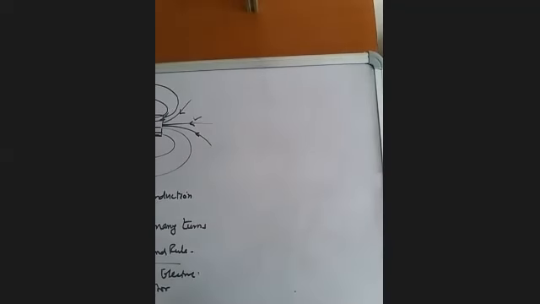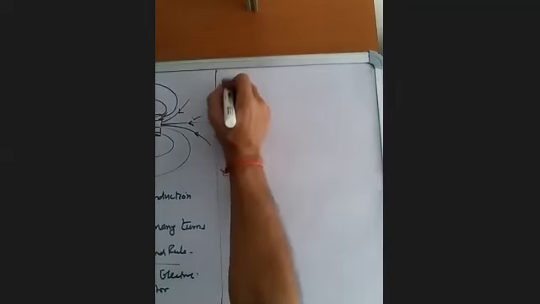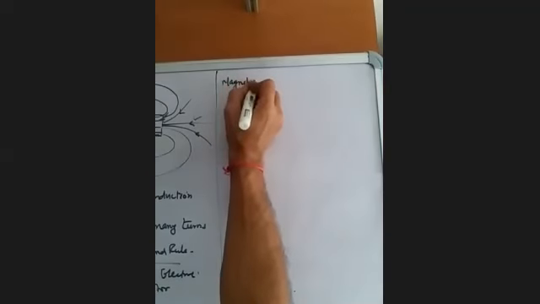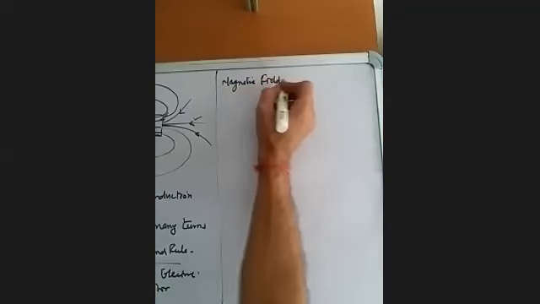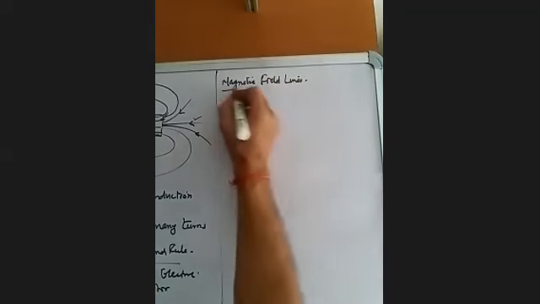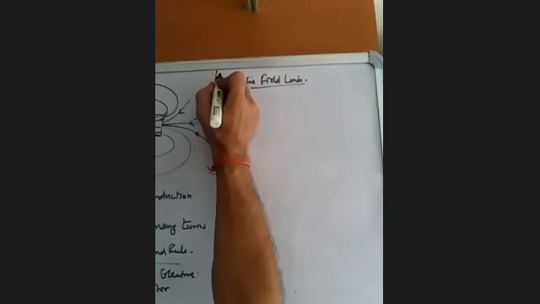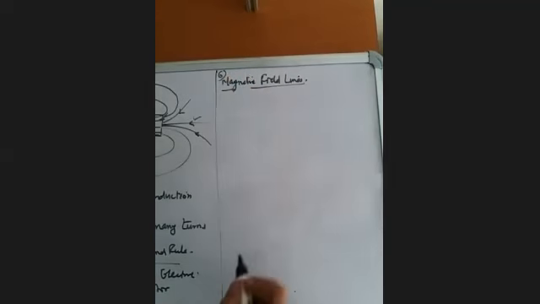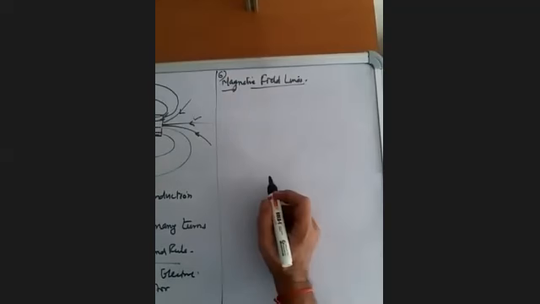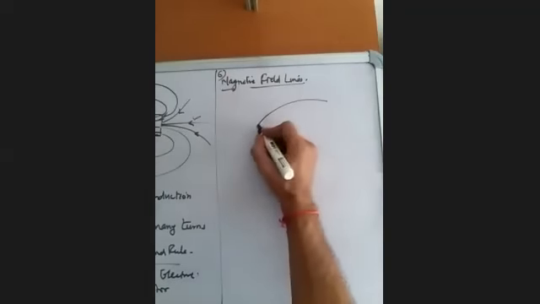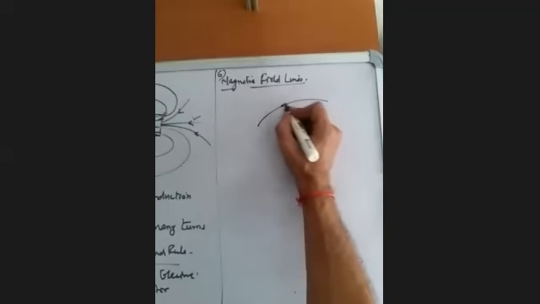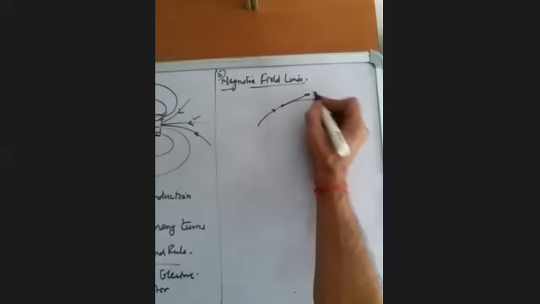And the fifth question was, what are magnetic field lines? So a magnetic field line is a curve around a magnet or a current carrying coil such that the tangent at any point on the magnetic field line gives the direction of magnetic field at that point.